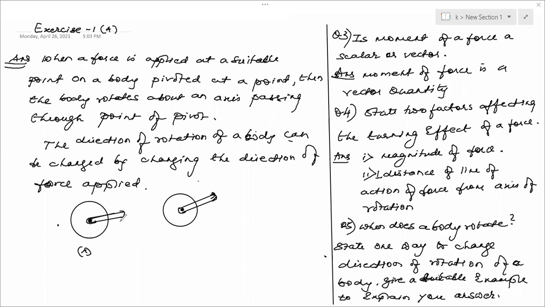So when I apply a force in A and B, two different figures. When I apply a force on A, it will produce an anti-clockwise movement. And when I change the direction of force here downwards, what will happen? It will bring out clockwise movement. Got it? So the question is: give a suitable example to explain your answer.